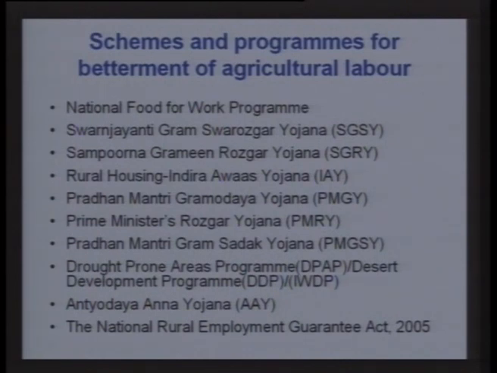A number of schemes and programs for the betterment of agricultural labor have been passed, formulated and implemented by the government in order to improve the condition of the agricultural laborers. Among the various programs, there is the National Food for Work program, Swarna Jayanti Gram Swarojgar Yojana, Sampurna Gramin Rozgar Yojana, and the Rural Housing Indira Awas Yojana.